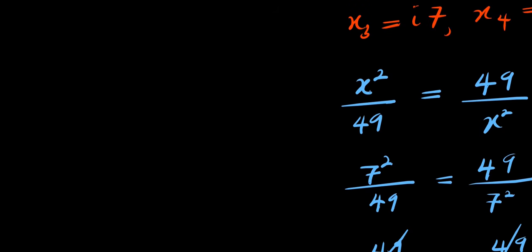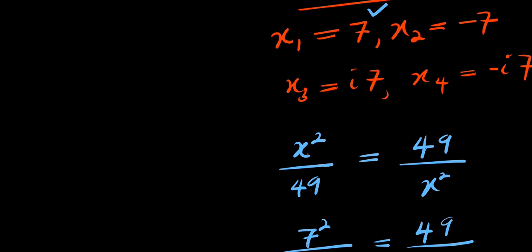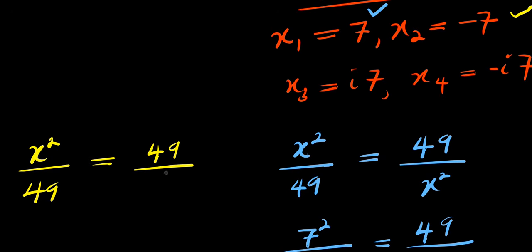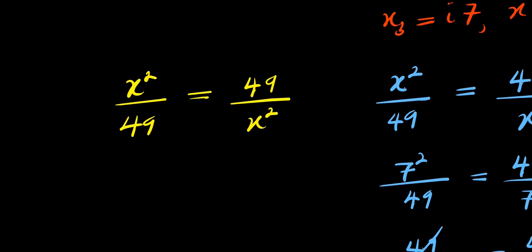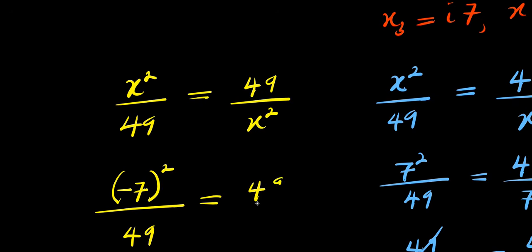So let's consider x2, which is negative 7. We have x squared divided by 49 equals 49 divided by x squared, and our x is negative 7 in this case. So you have negative 7 raised to the power of 2 divided by 49 equals 49 divided by negative 7 to the power of 2.